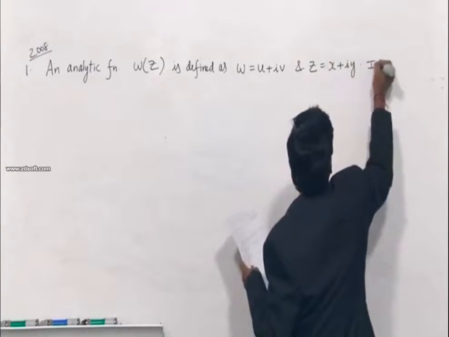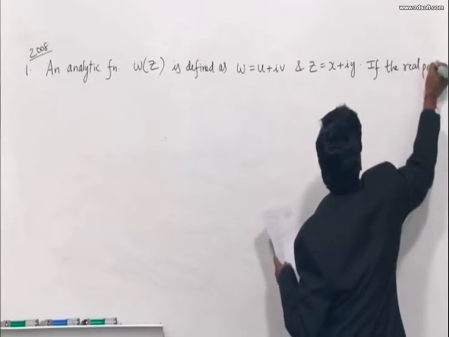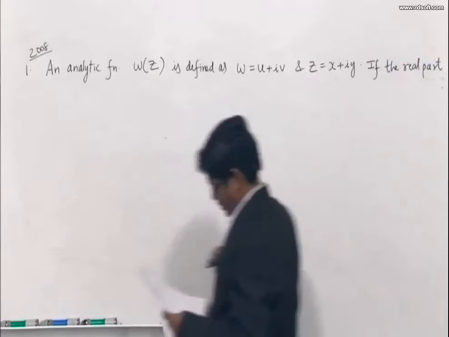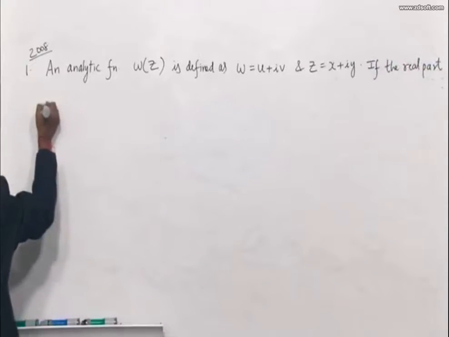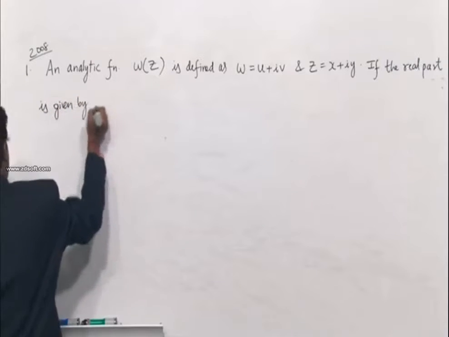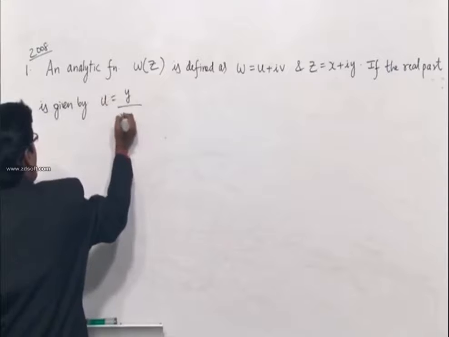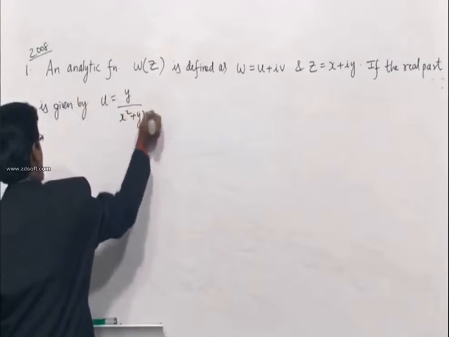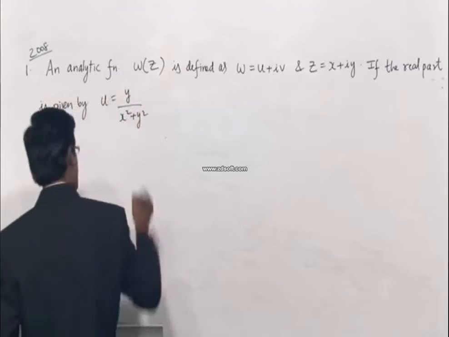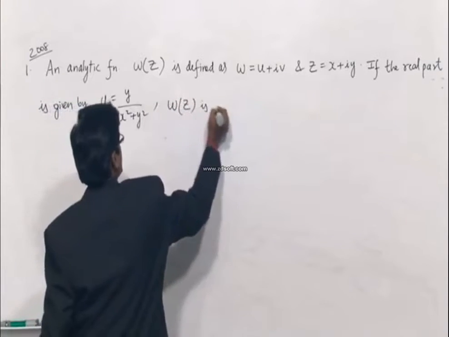If the real part is given by u is equal to y by x square plus y square, w of z is dash.